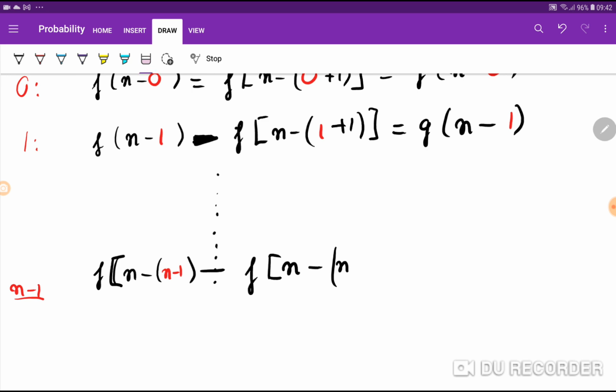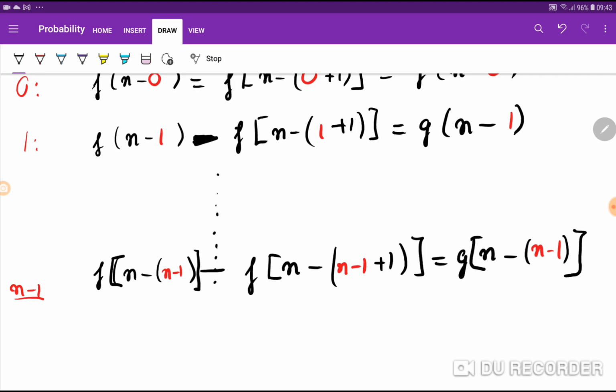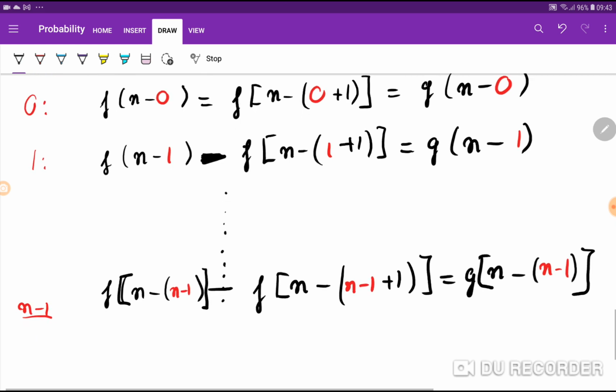I have to write in red so you guys can see the main character right here: g_n, I forgot a bracket, plus g_(n-1), and so on.